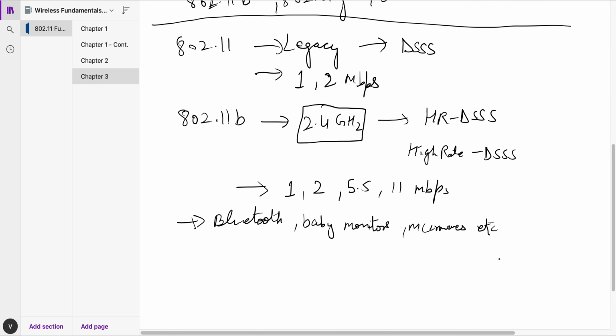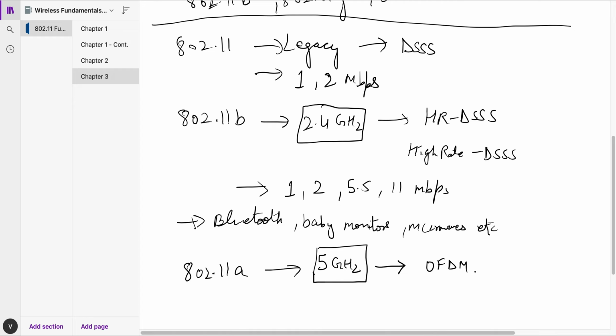Moving forward, we got up to 11 Mbps, but we were not convinced. We wanted a lot more, and that's the reason why we came up with a standard of 802.11a, which works on the 5 gigahertz spectrum. We got a new frequency, 5 gigahertz, which we were allowed to pass traffic. Now, this standard uses the RF technology of OFDM, that is orthogonal frequency division multiplexing.